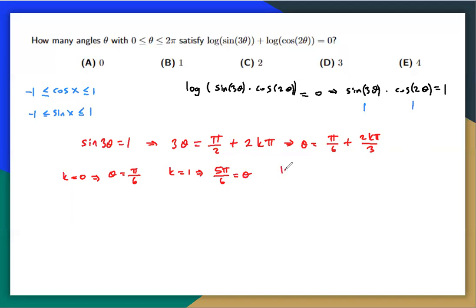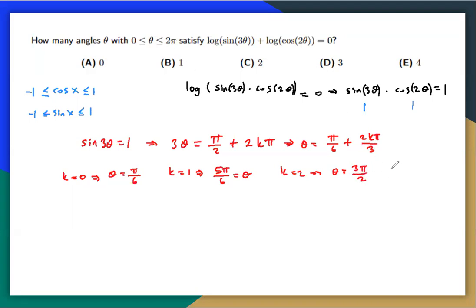If I choose k equals 2, because I just want to get all the way to 2 pi at most, then that will be 4 pi over 3, or 8 over 6, plus 1 over 6, so 9 over 6, or just 3 over 2 pi. That's still less than 2 pi.